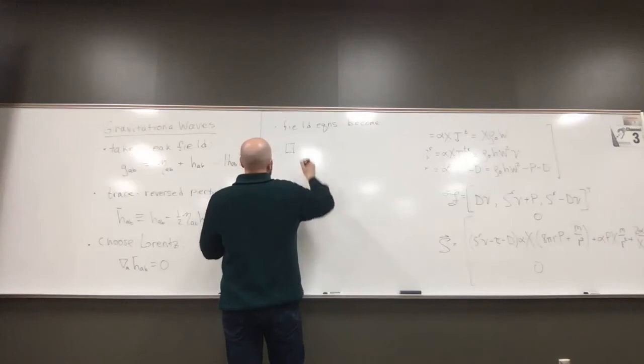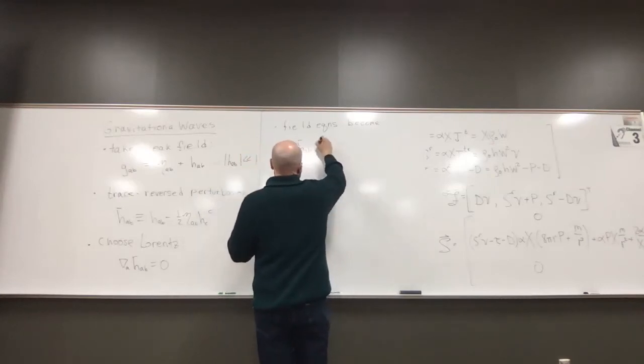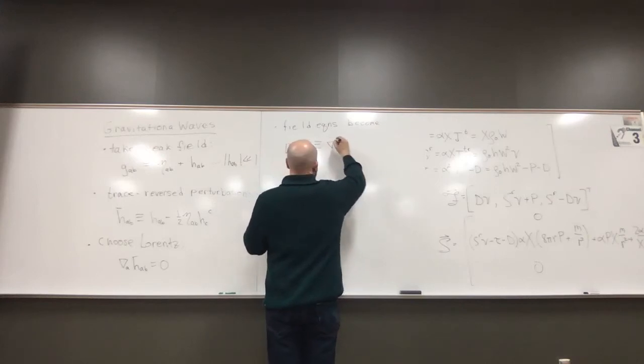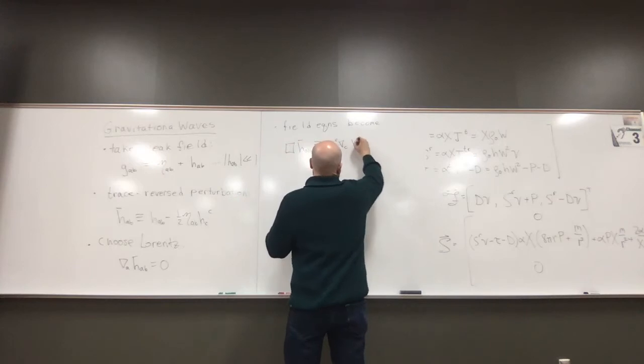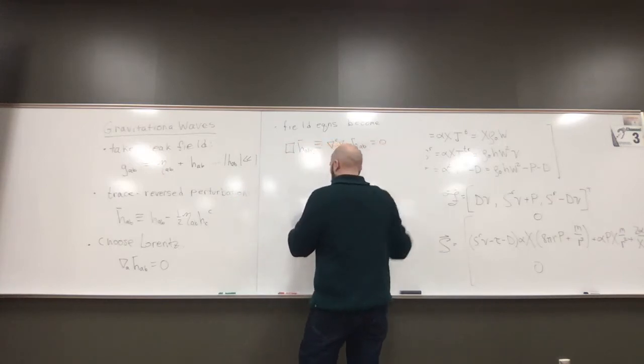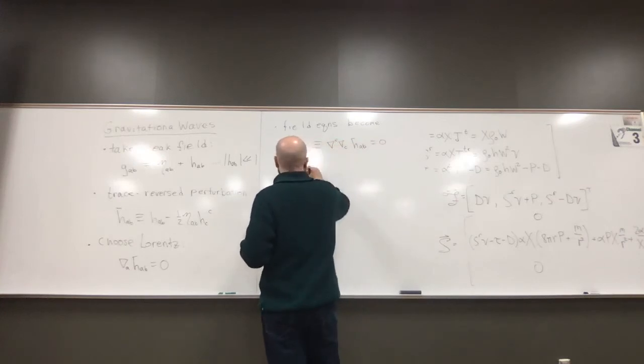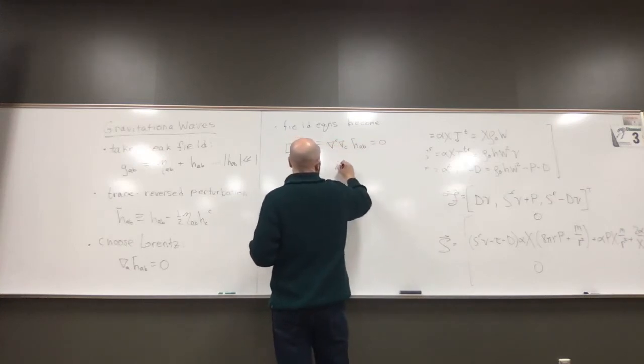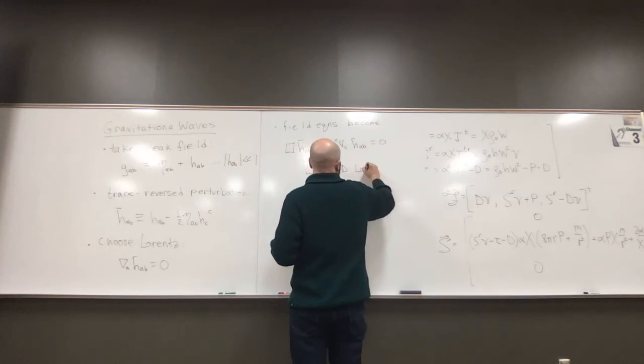The d'Alembertian operator, which we define as grad upstairs C, grad downstairs C of h bar AB, equals 0. And the d'Alembertian is a 4D Laplacian, right?